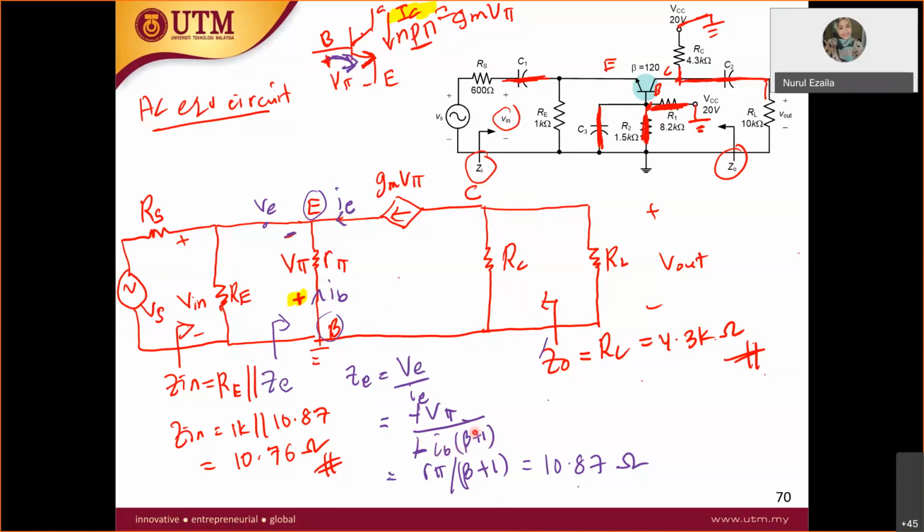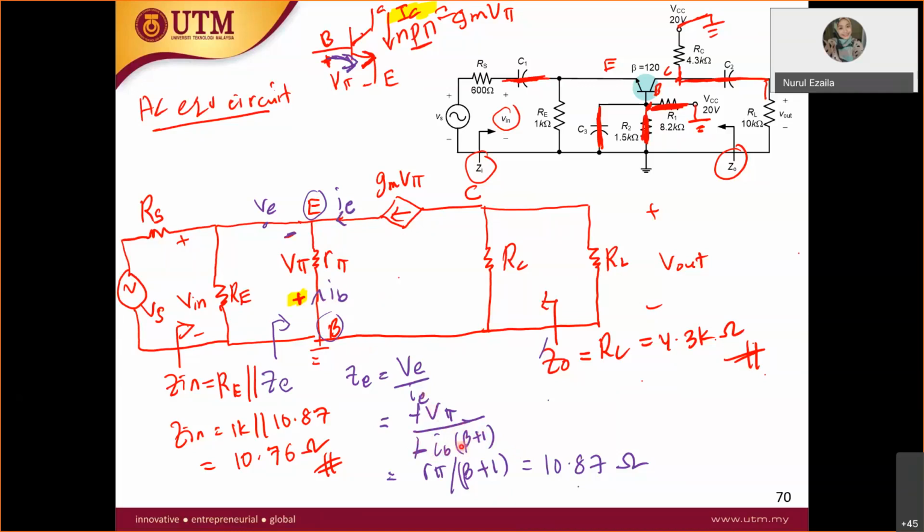It is IE. Why is it negative IB? Because IB is in the negative direction. Still, this is actually IE, not IB. IB beta plus 1 is represented as IE.